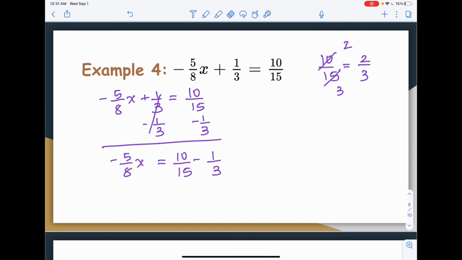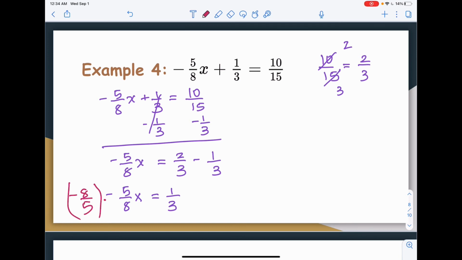So let's go ahead and replace 10 over 15 with 2 over 3. Then what we have is negative 5 over 8x is equal to 1 over 3. To isolate x, let's multiply both sides of the equation by the reciprocal of the coefficient, which will be negative 8 over 5.